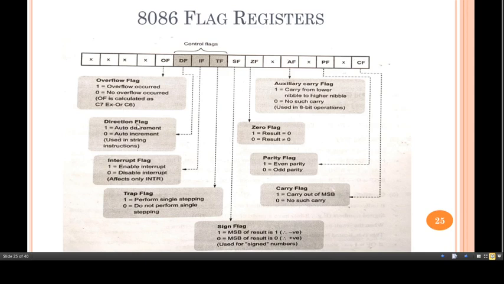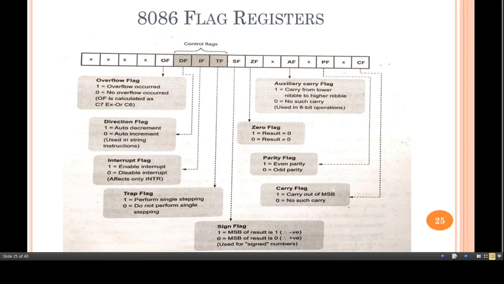And next is the direction flag. If it is 1, it is set and auto decrementing, and if it is 0, it is auto incrementing. This direction flag is used in string type instructions. If this bit is 0, the string is processed from the lowest address to the highest address, that means auto increment. And if this bit is 1, the string is processed from the highest address to the lowest address.